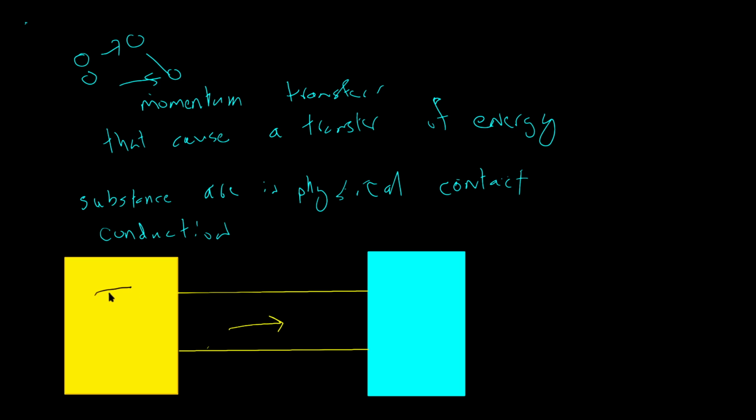So we'll say this is at temperature 1, and this is at temperature 2. And temperature 1 is going to be greater than temperature 2. So T1 is greater than T2.